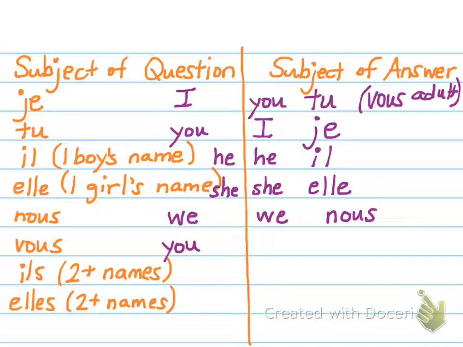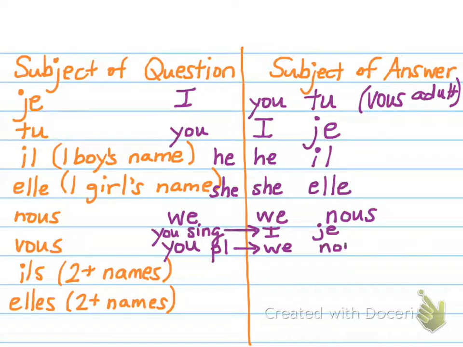So if this is a you that is singular, so we were using vous to be polite with an adult, do you live in Mount Pleasant? Yes, I do. So if it's singular, I'm going to answer it with an I, and so my answer would be with a je. If it's a you that's plural, like I'm talking to the whole class, do you attend Chippewa Hills High School? Yes, we do. In which case, we'd use a nous.